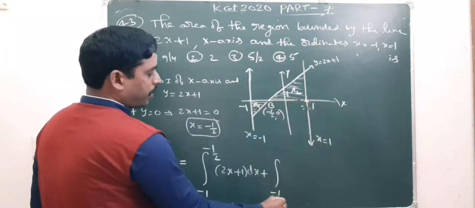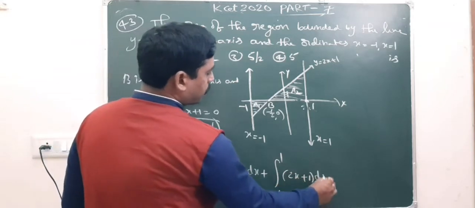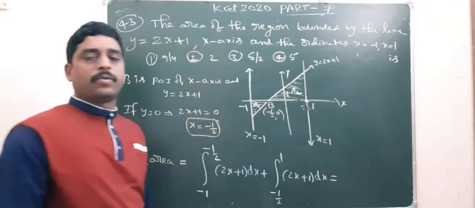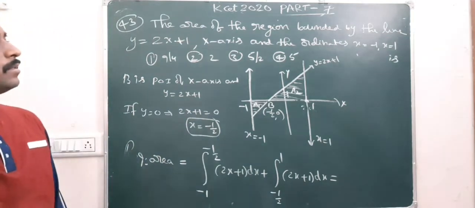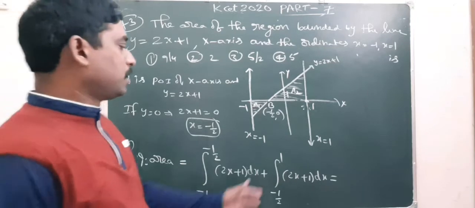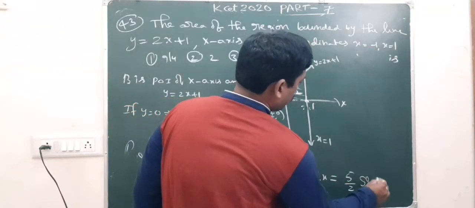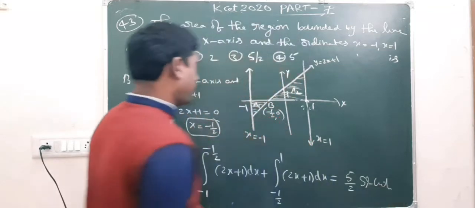So minus 1 by 2 to plus 1 y dx, 2x plus 1 dx. So after simplification, this value 5 by 2. So you will try.